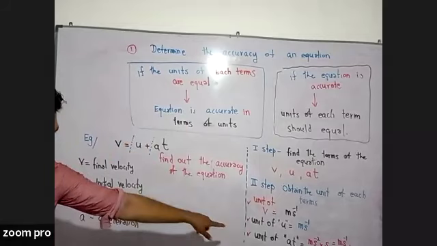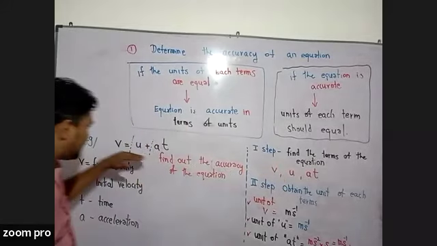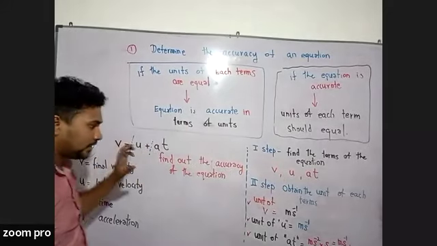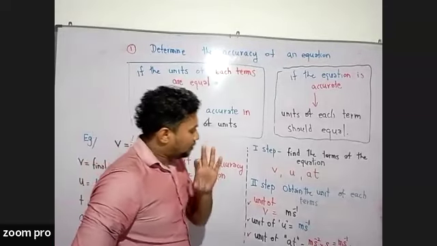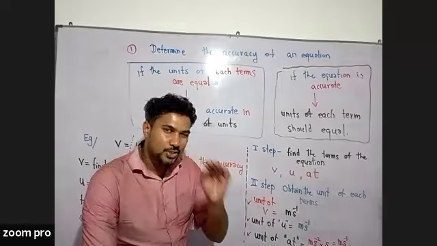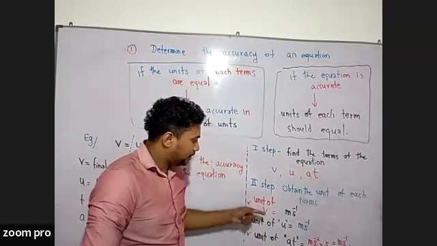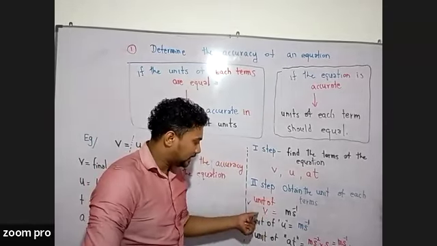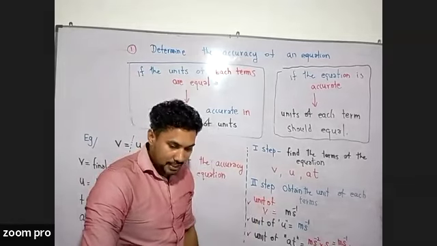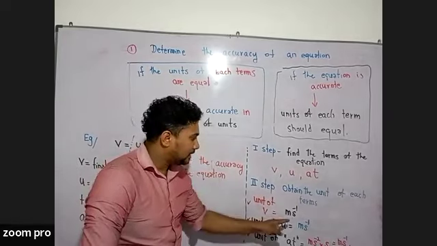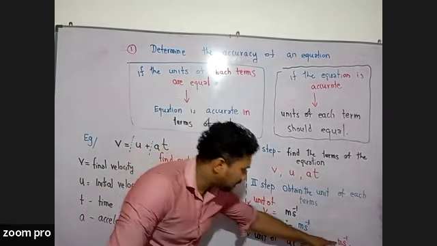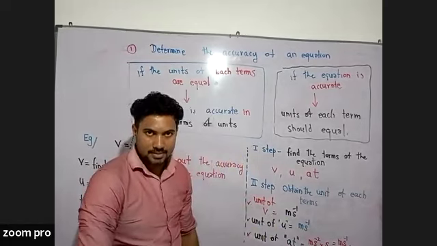So this equation includes three terms, right? We have derived the units of each term separately, and we can observe that the unit of each term has the same answer.